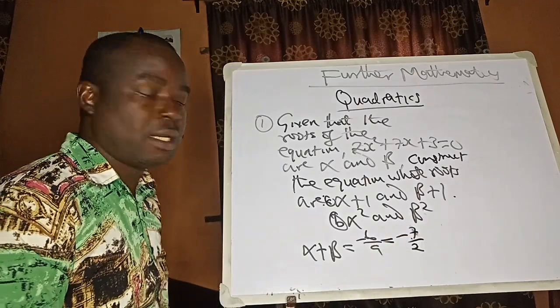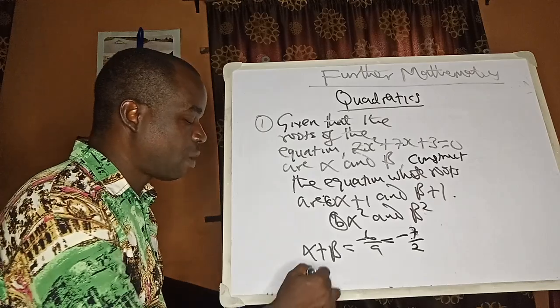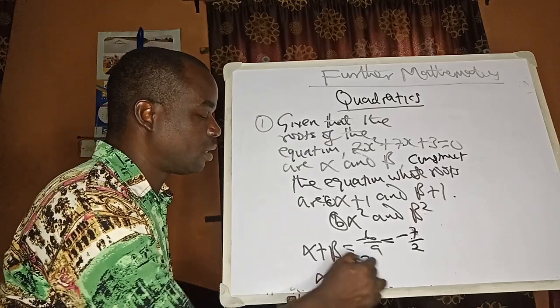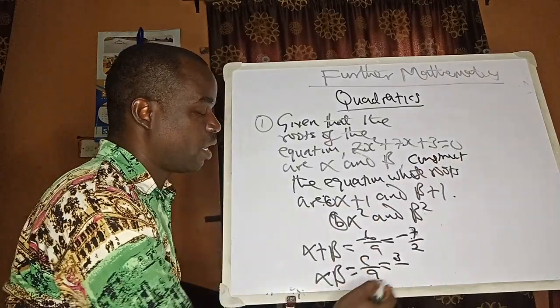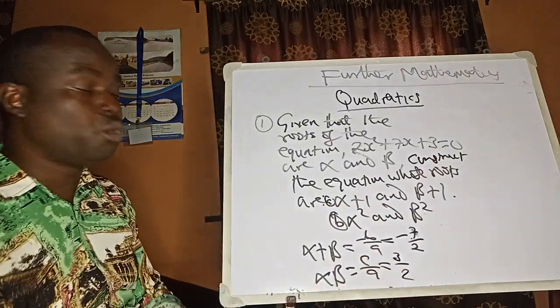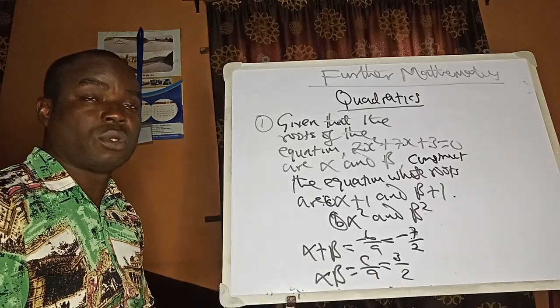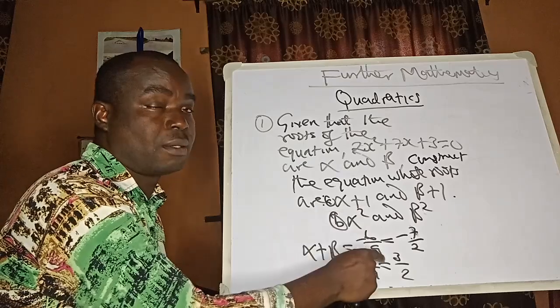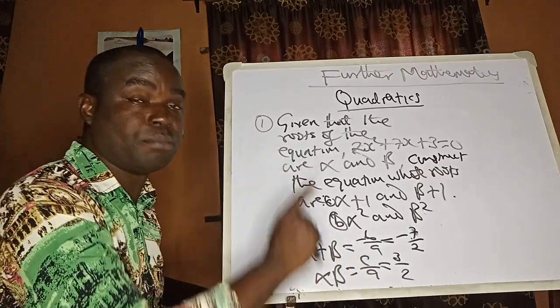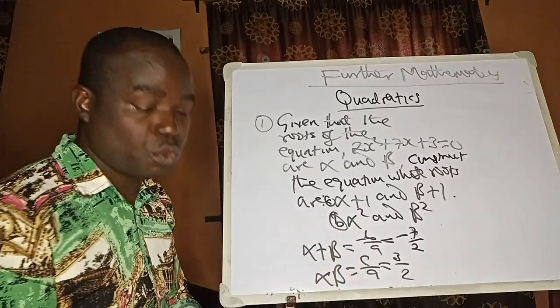Our alpha beta is c over a, which is 3 over 2. Once you are given an equation, write down your alpha plus beta and your alpha beta. Is it clear?